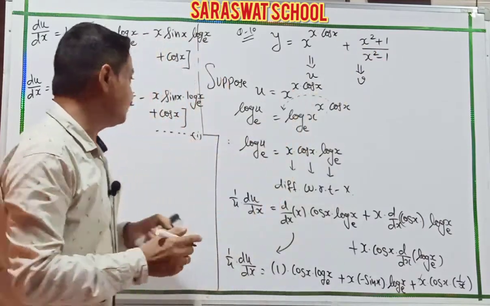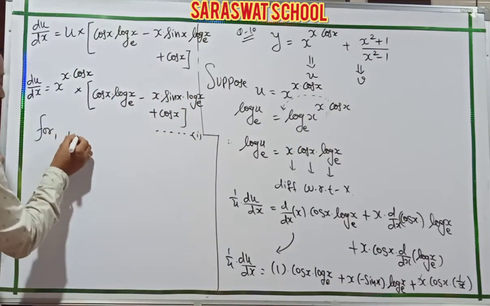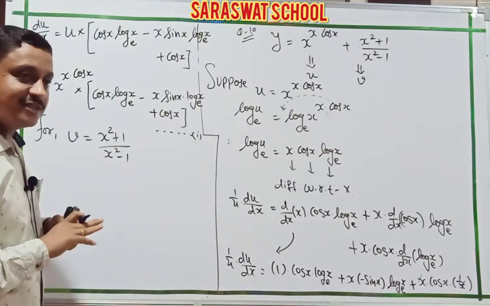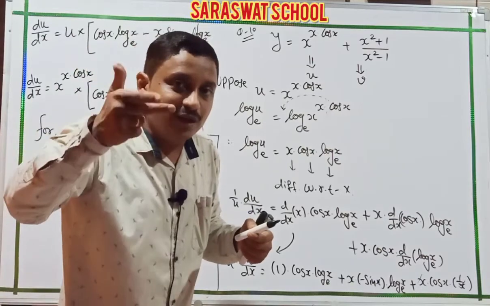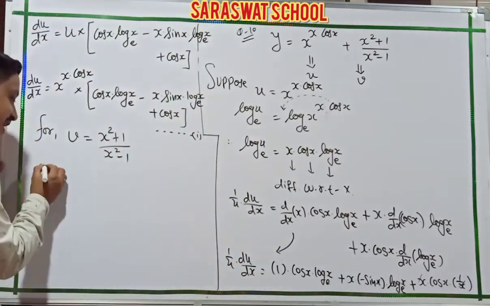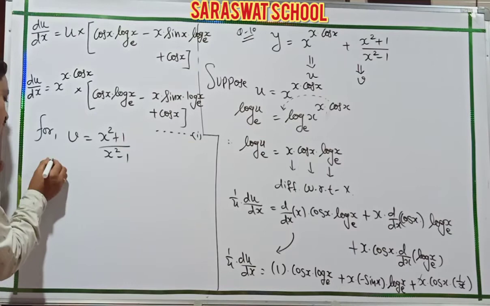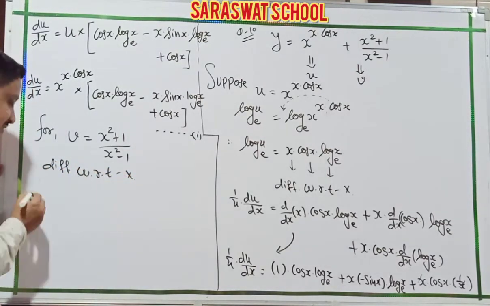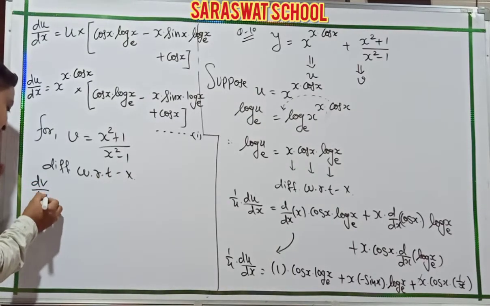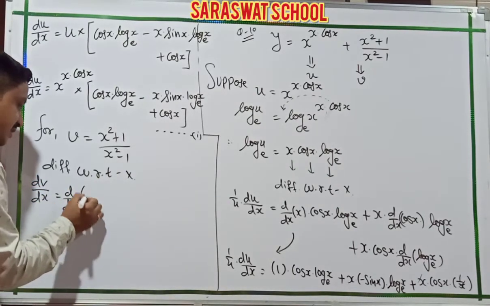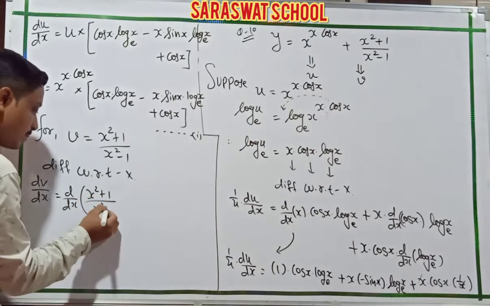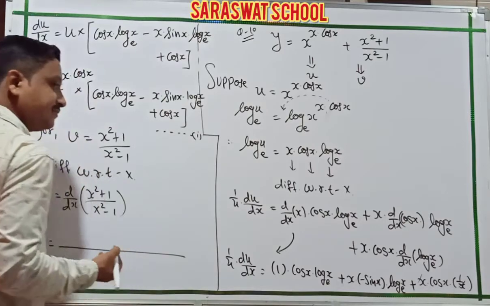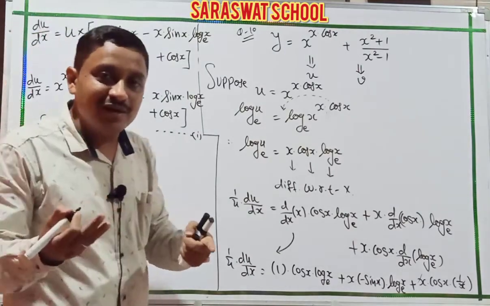Now I go to v. For v, we start with x square plus 1 over x square minus 1. I hope you know it is the division rule, the u by v rule. Yes. So directly start differentiation with respect to x. It is dv/dx, and here, students, we apply our division rule. So dv/dx is the same, and you know what the division rule is?